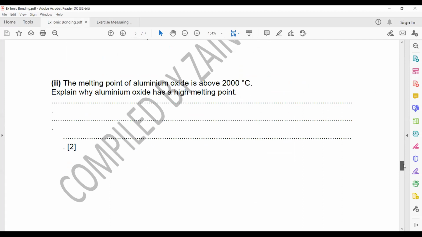Then why is the melting point of aluminum oxide above 2000, and explain why. Aluminum oxide is a metal oxide, an ionic compound, and ionic compounds are solid at room temperature, because any compound which contains a metal and a non-metal is an ionic compound, and ionic compounds are solid at room temperature.